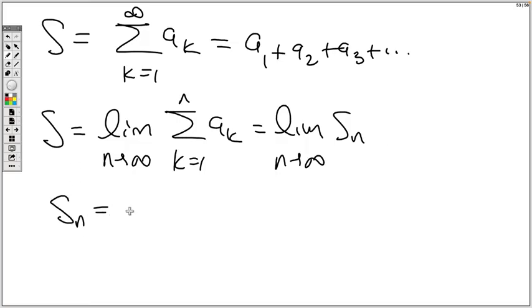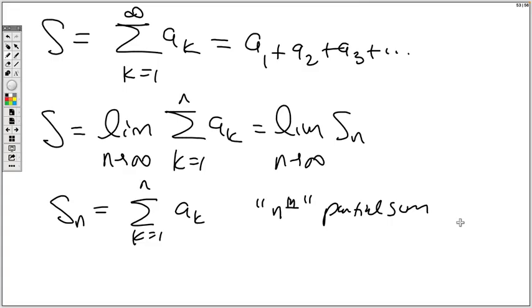So the S sub n is called the nth partial sum. And so from the sum we get a sequence of partial sums.